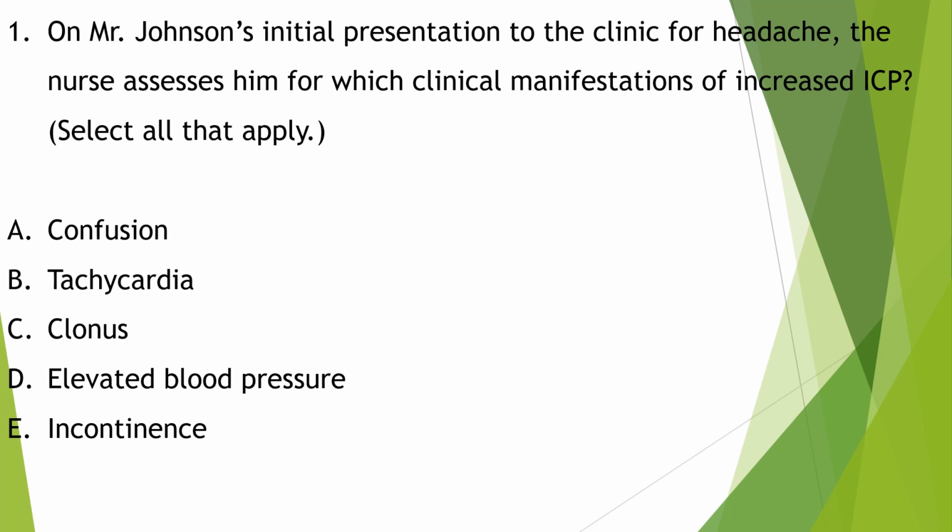As the ICP increases, the patient may develop bradycardia and an elevated blood pressure. Clonus is related to hyperactive reflexes. So here confusion and elevated BP you can observe.